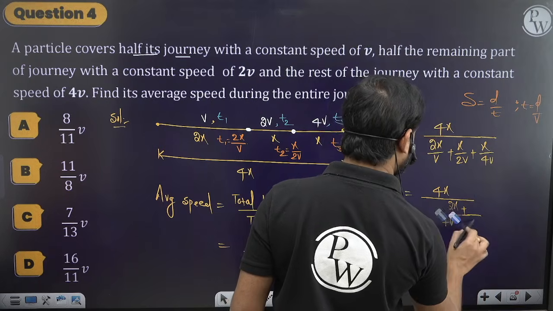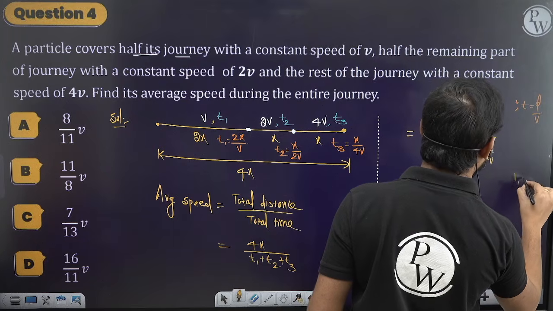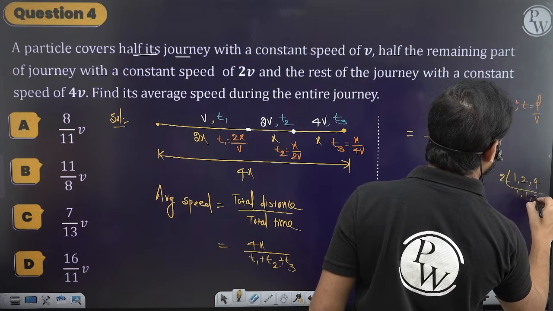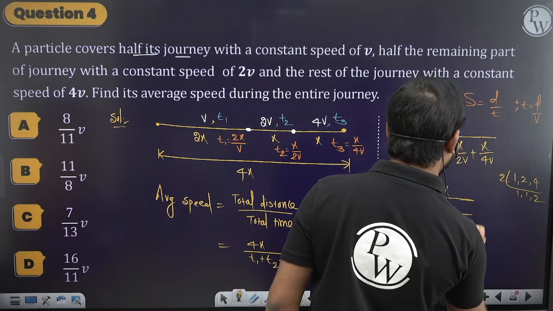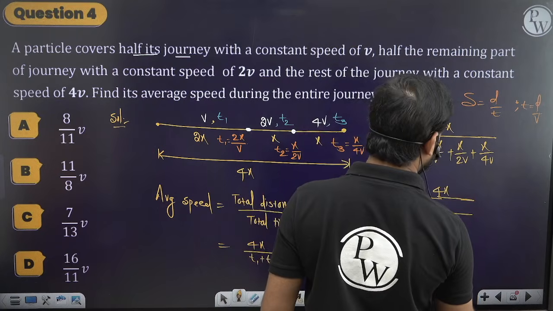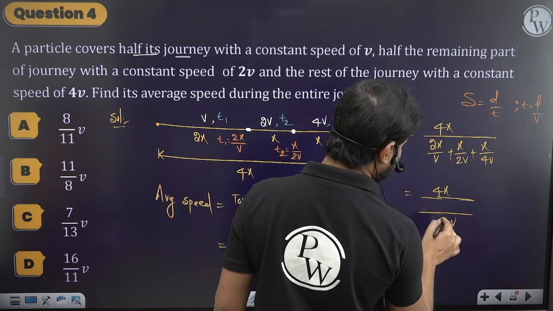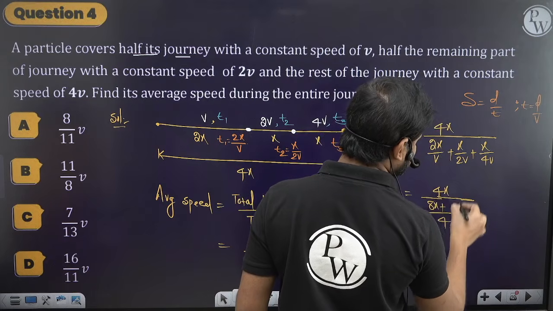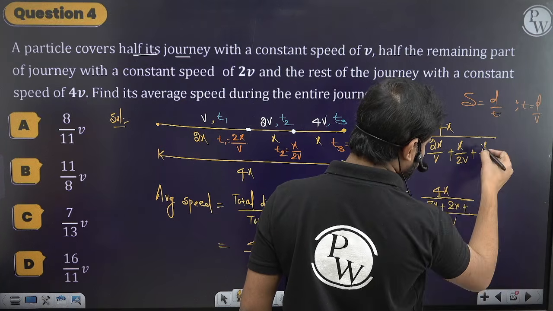I guess I took the LCM wrong, wait a minute. 1, 2, 4, right? The LCM is correct only, right? Yeah, fine. So 4v, my bad, just a minute guys. So 4v, so this goes 4 times, not 2 times. So 4 into 2, 8x, plus this goes 2 times, 2 times x, plus this goes 1 time, so 1 into x, x.